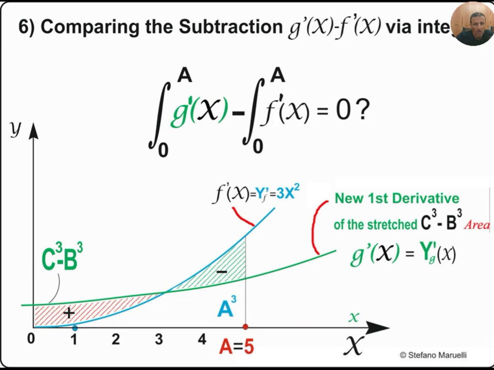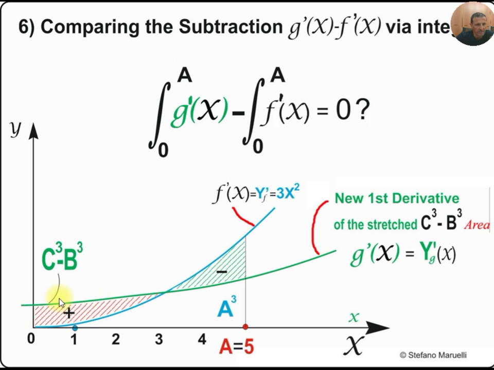So finally, we can always say that via integrals it is always possible to solve the integral from 0 to c of g prime of x minus the integral from 0 to a of f prime of x equal to 0. But Fermat asks if with a, b, c integers this is possible.